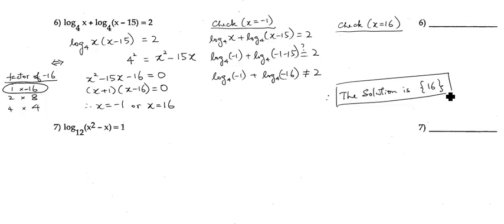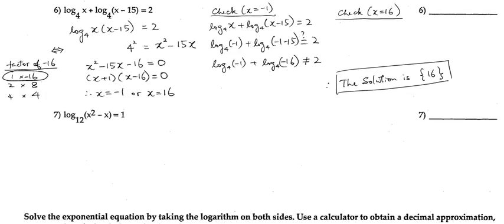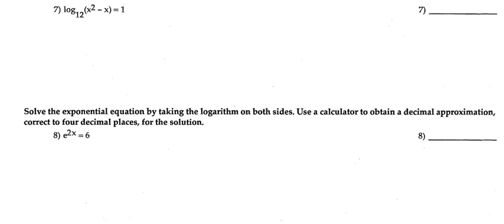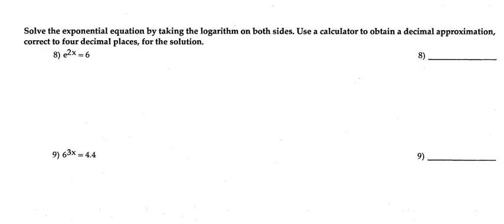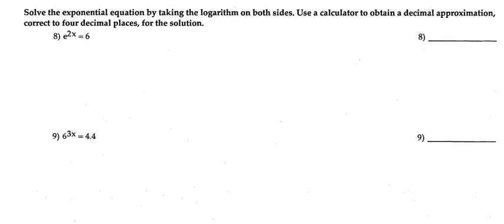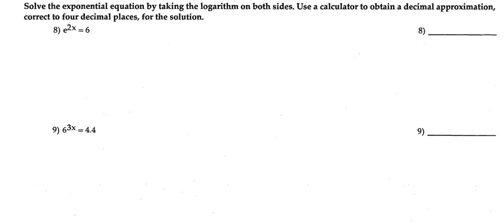Let's take a look at number 8. We want to solve this exponential equation. We have e raised to the 2x is equal to 6. So what can I do? Maybe I take the natural log on both sides.